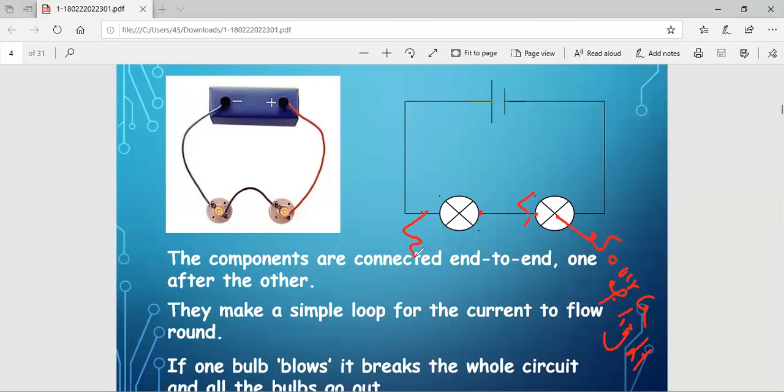The line connects them end to end, meaning the end of the first source is connected to the end of the second source, and I have only one line that can connect them. So series circuit is very effective in some ways.